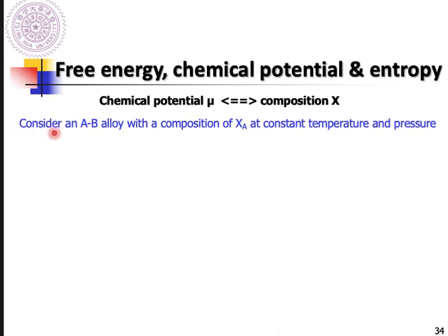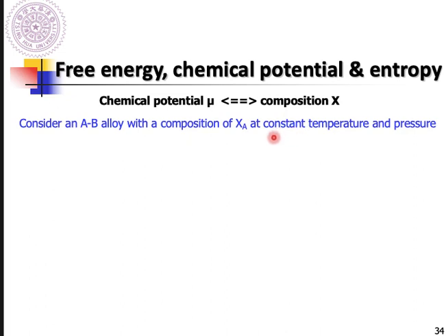Now we consider an AB alloy with the composition XA at constant temperature and pressure. At constant temperature and pressure, this tells you that the change of Gibbs energy totally comes from the composition change.